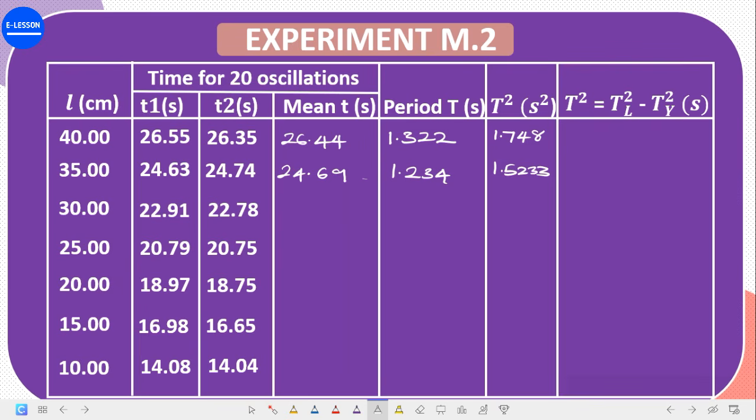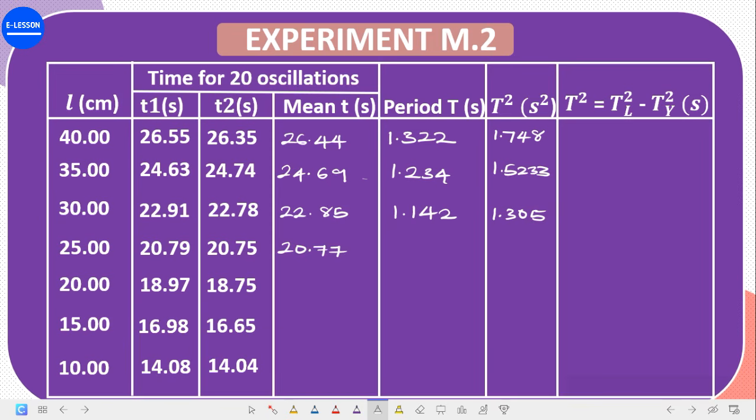Then the next one is 22.91 plus 22.78 divided by 2, which is 22.85, divided by 20, gives 1.142, squared, 1.305. The next one is 20.79 plus 20.75 divided by 2, which is 20.77.